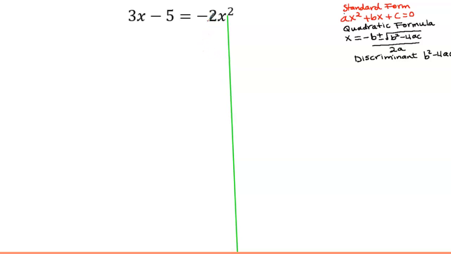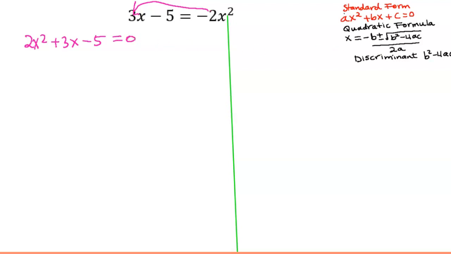So here we have two ways of doing this. We can take this one to the other side or here to that, whichever one. But here is only one item, so let's take this item to this side. That means we are adding when it comes here. When we bring it here, it becomes positive 2x squared plus 3x minus 5 equals 0.